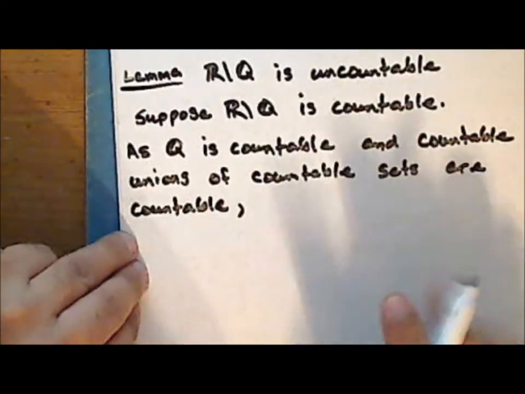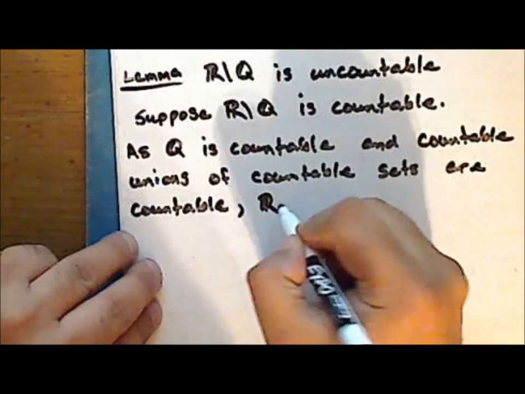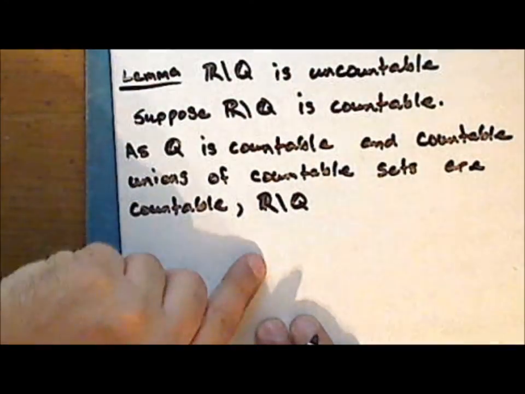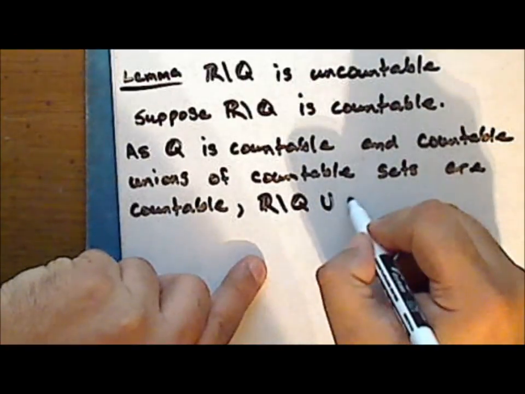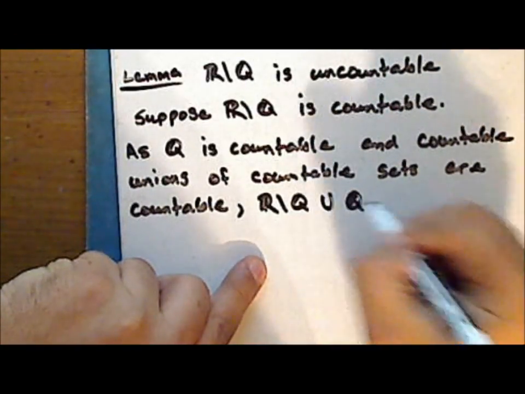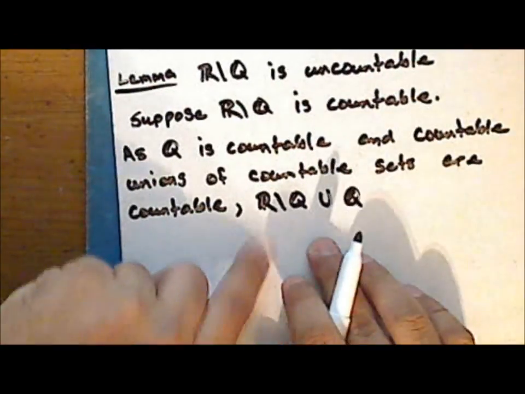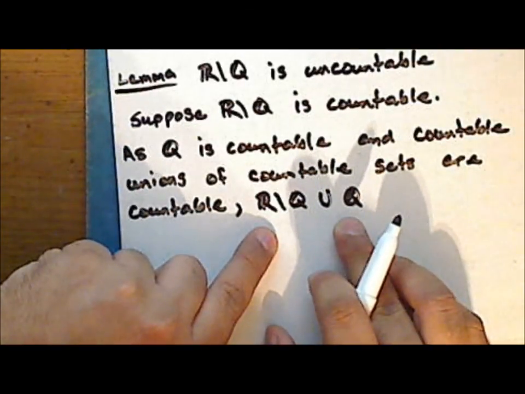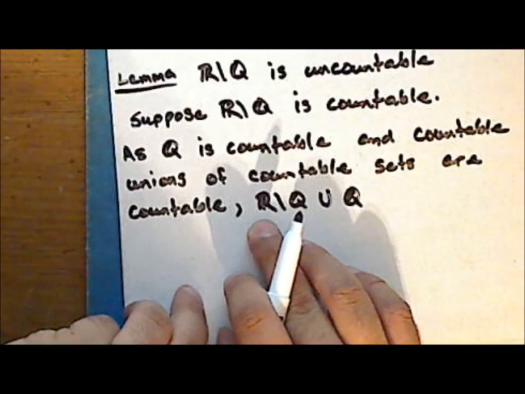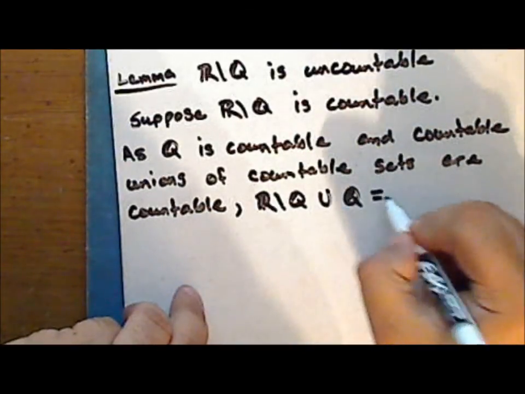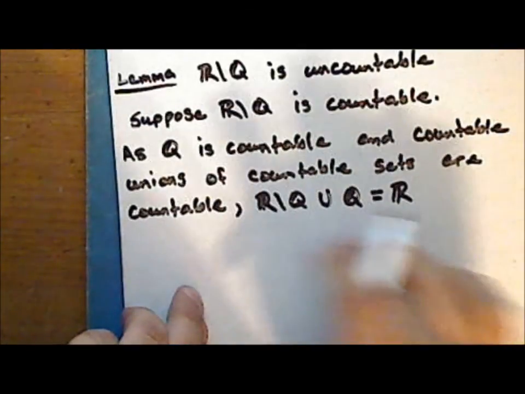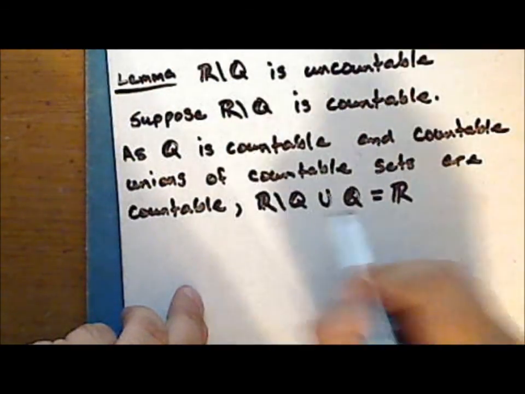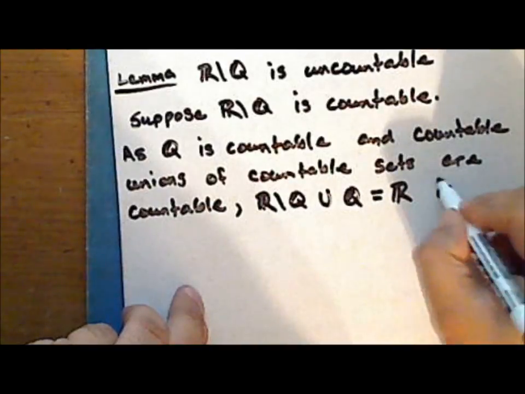we have that the union of the irrational numbers, which we are assuming to be countable, with the set of rational numbers is a countable set, as it is a union of two countable sets. But the union of the irrational numbers with the rational numbers gives us the entire set of reals, which by assuming that the irrational numbers are countable leads to the conclusion that the real numbers are countable.